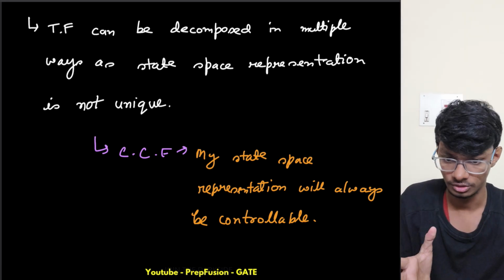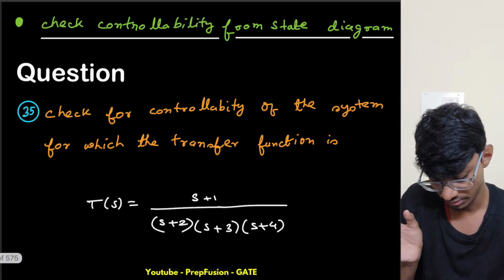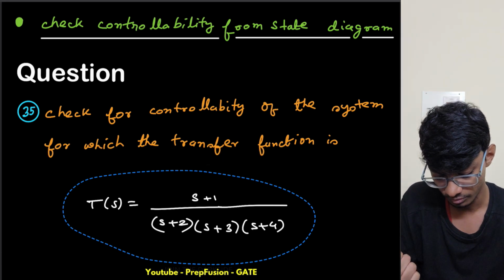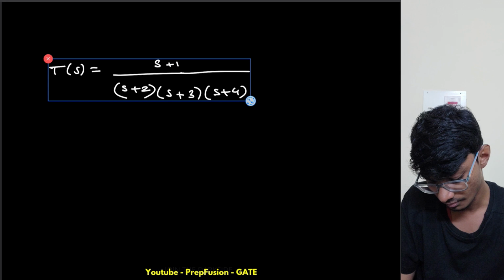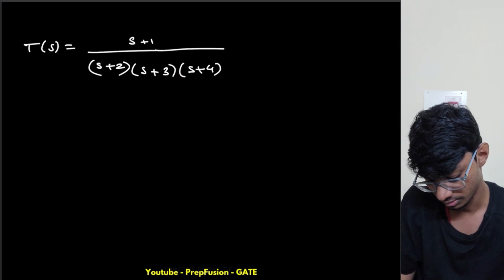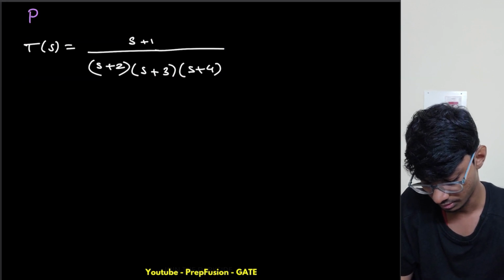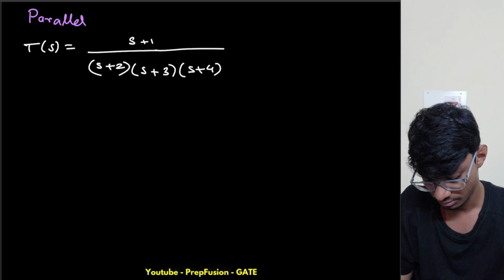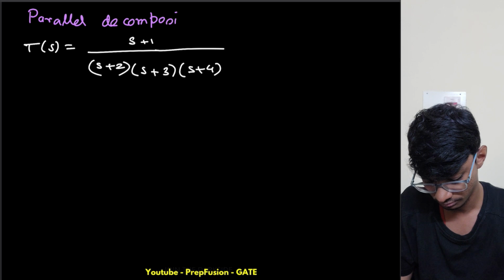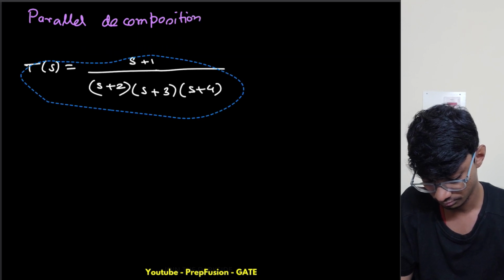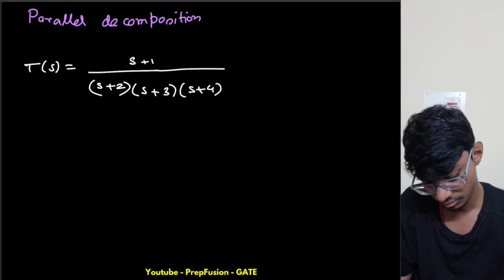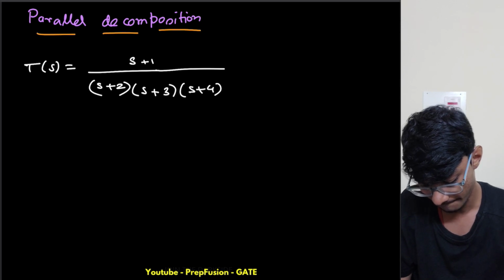If I do the parallel decomposition, what is my transfer function? This one, right? So I will do partial fraction again. This one is my transfer function, so I will do parallel decomposition.